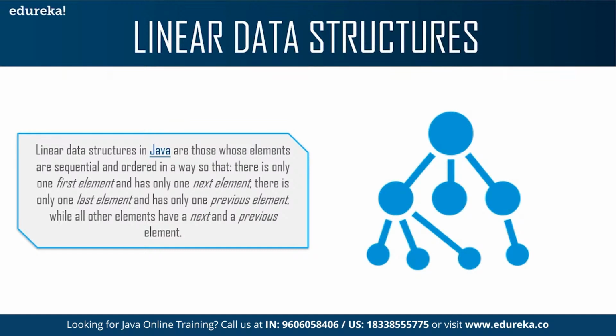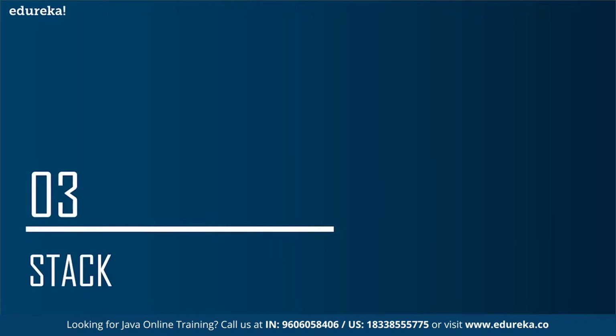So there cannot be any multiple previous elements or multiple next elements. Simple. Based on these categories, linear data structures are divided into stack, queue, and linked list.